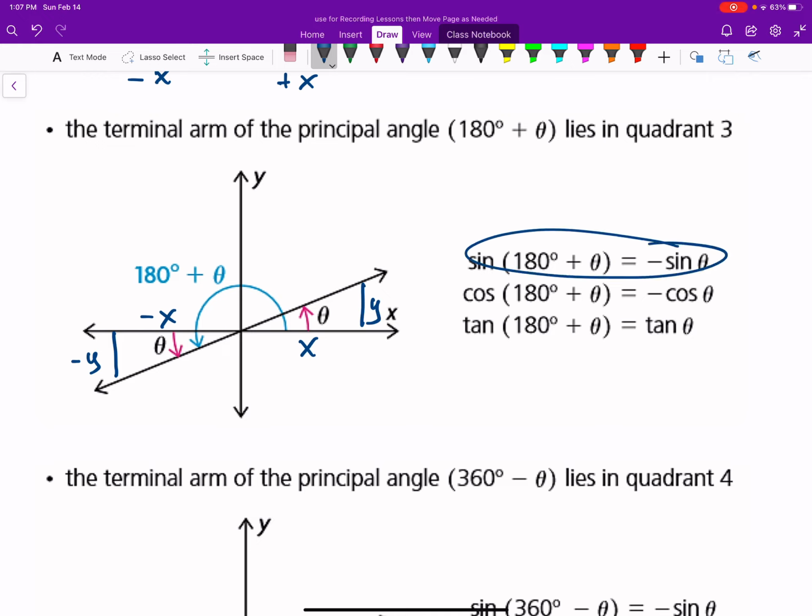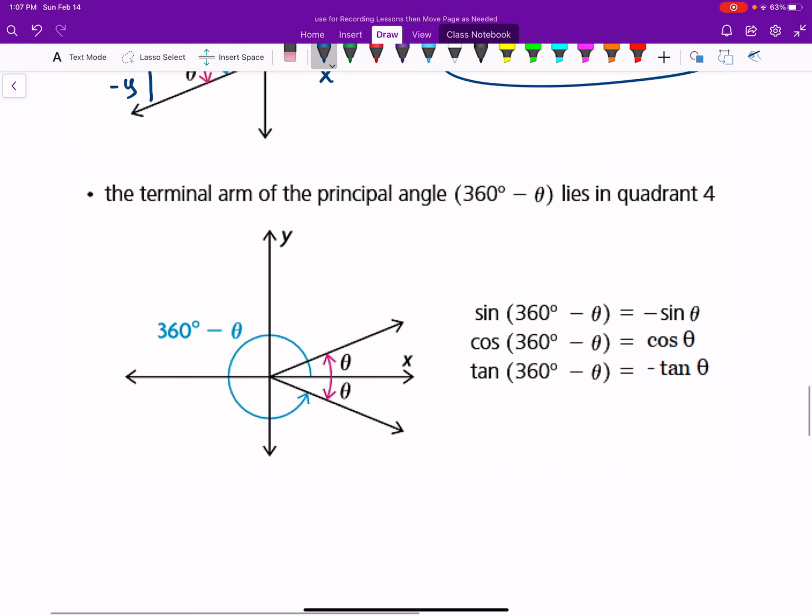Adjacent over hypotenuse is also going to be negative in quadrant 3. But in quadrant 3, we're going to have opposite and adjacent both negative, so negative over negative is going to make a positive tangent. So we'll end up with the exact same tan when those two negatives cancel out in quadrant 3, because they're both negative.